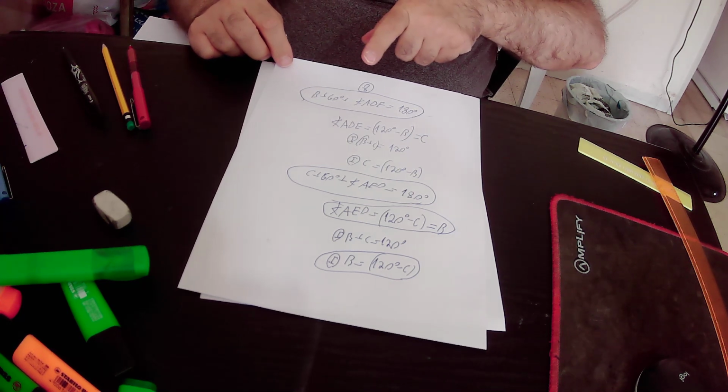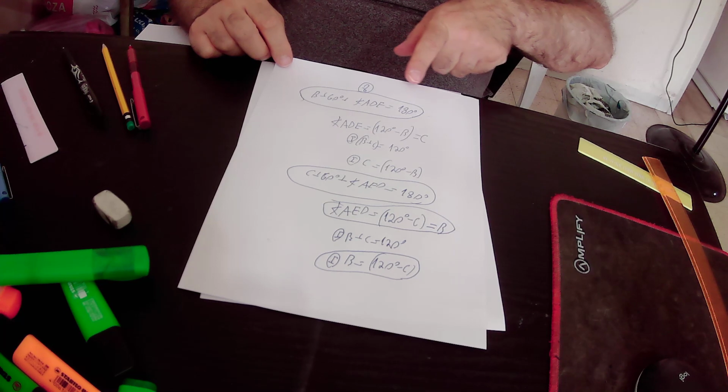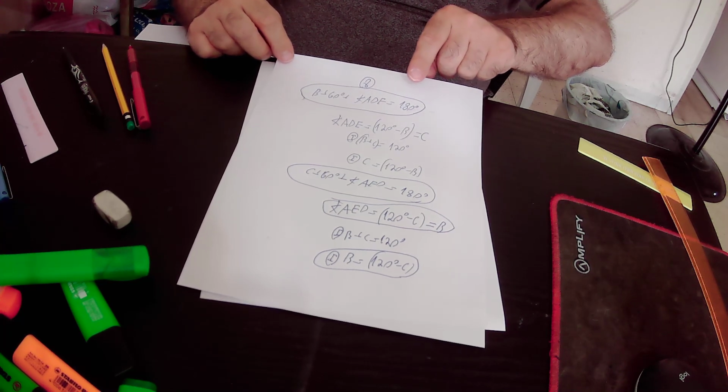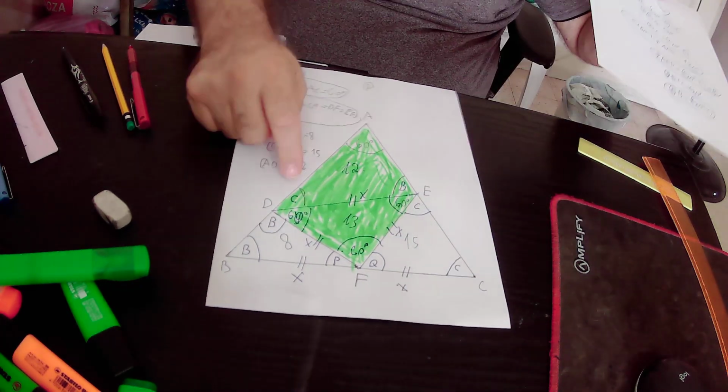We subtracted 60 degrees and B from this equality, and we got that angle ADE equals C.